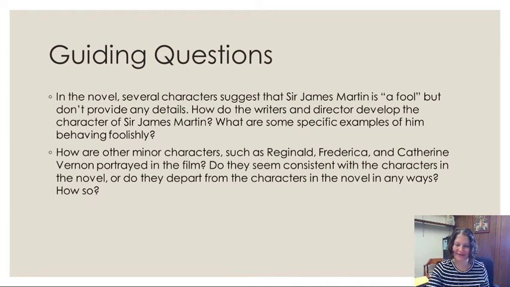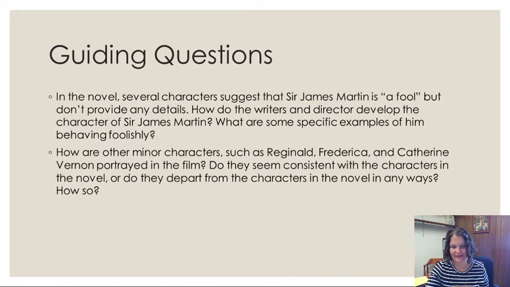And then I also want you to pay attention to some of the other characters. The first one I want you to pay attention to is the character of Sir James Martin. In the novel, several characters suggest that Sir James Martin is a fool, but they don't really provide any details on what makes him seem foolish. So I want you to pay attention to how the writers and director develop the character of Sir James Martin. What are some of the specific examples of him behaving foolishly?